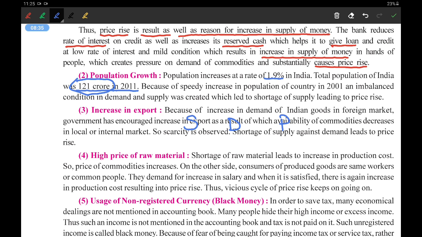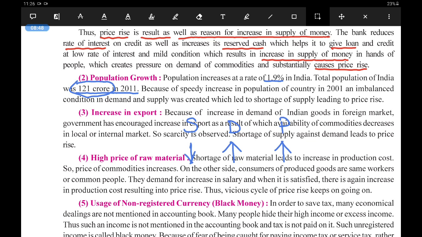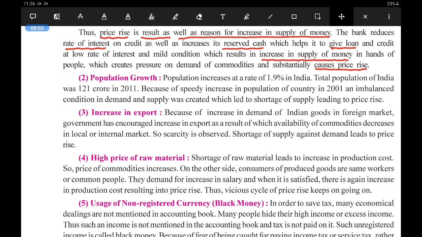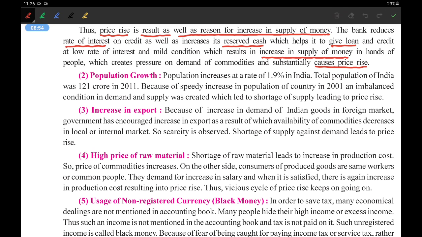As more population is there, then the supply will be less, the demand will be high, and due to that the price will always be high. So we need to remember this. Okay, and it comes to mind every time we do it, right?